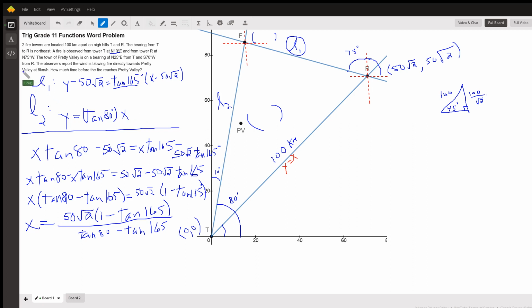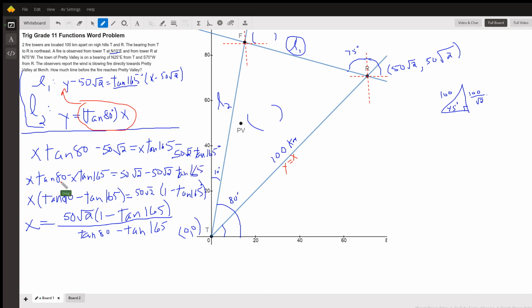And then to find the x and y coordinates of the point of intersection, which is point F, we can use the substitution method. So I'm taking this value here, substituting it in for this y, and then solving for x. So here's x tangent of 80 minus 50 radical 2. Then I distribute this tangent of 165 and get x tangent of 165 minus 50 radical 2 times the tangent of 165.